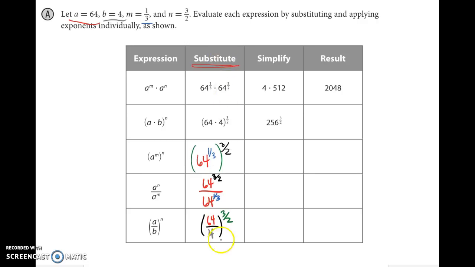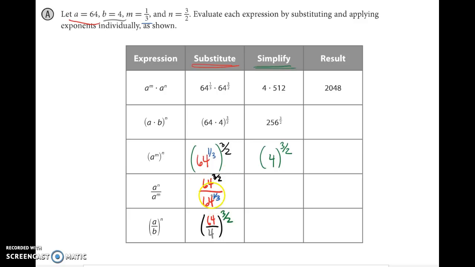Okay, so I substituted them in, and now I'm going to do this column that says to simplify. So if I'm simplifying this, 64 to the power of 1/3 is the same thing as the cube root of 64, which I know is 4. So I have 4 to the power of 3/2. Okay.